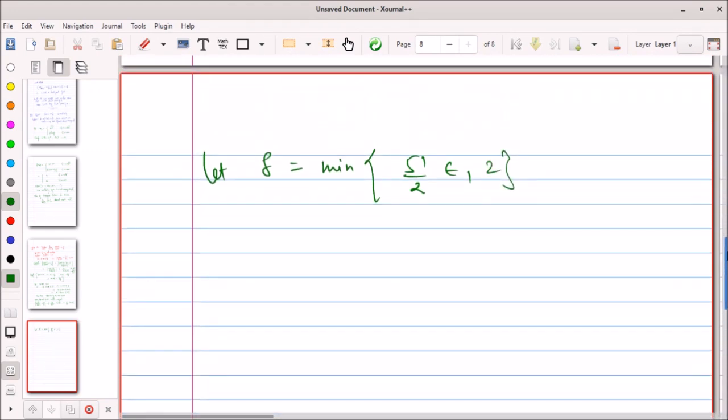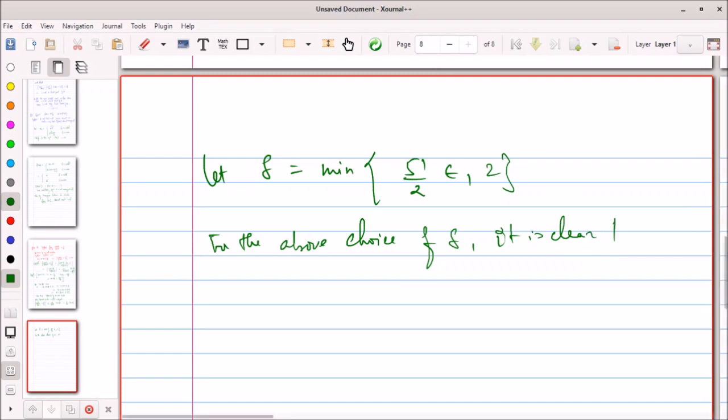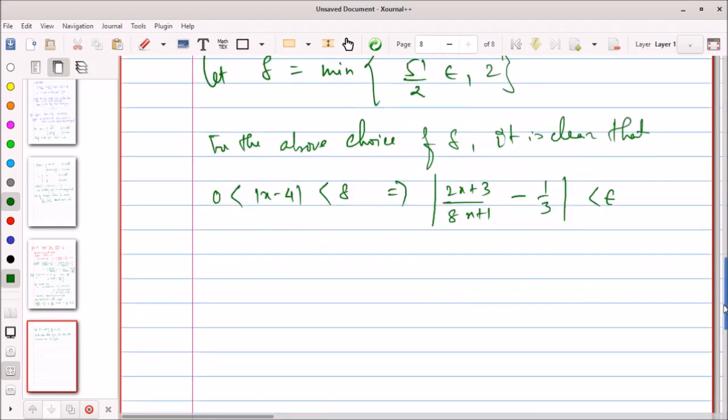For the above choice of delta, it is clear that 0 < |x - 4| < delta implies |(2x + 3)/(8x + 1) - 1/3| is less than epsilon.